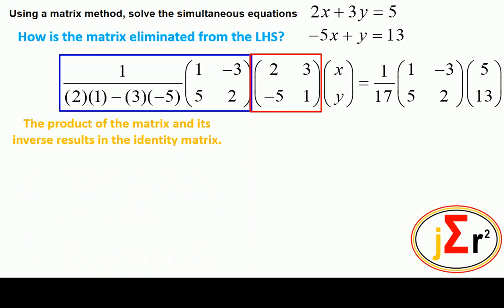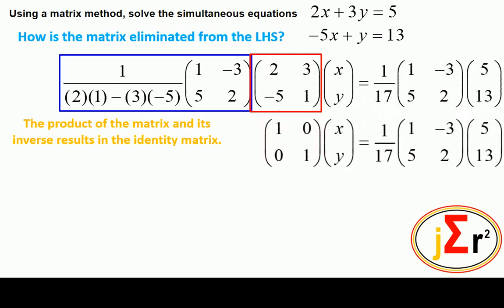Here we have a particular matrix and its inverse. When we multiply a matrix by its inverse, we get the identity matrix. A matrix times its inverse is equal to the identity matrix, which is 1, 0, 0, 1.